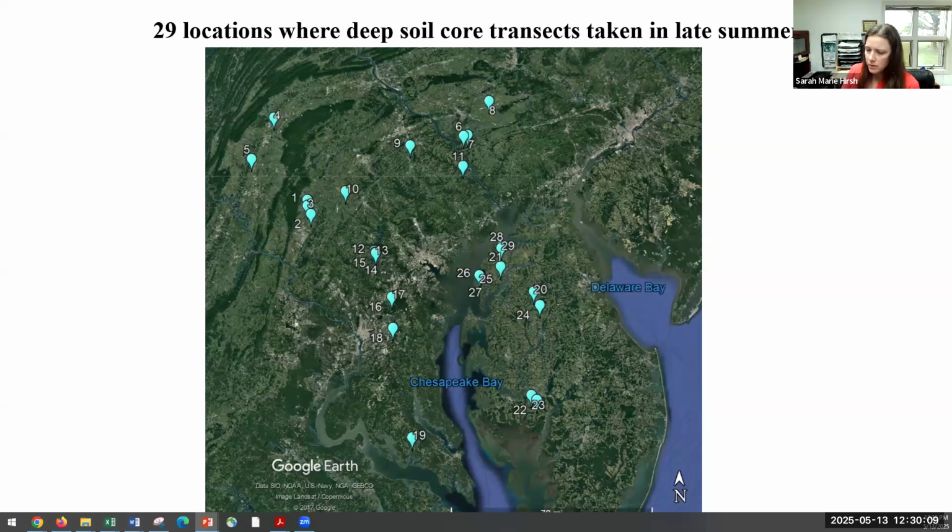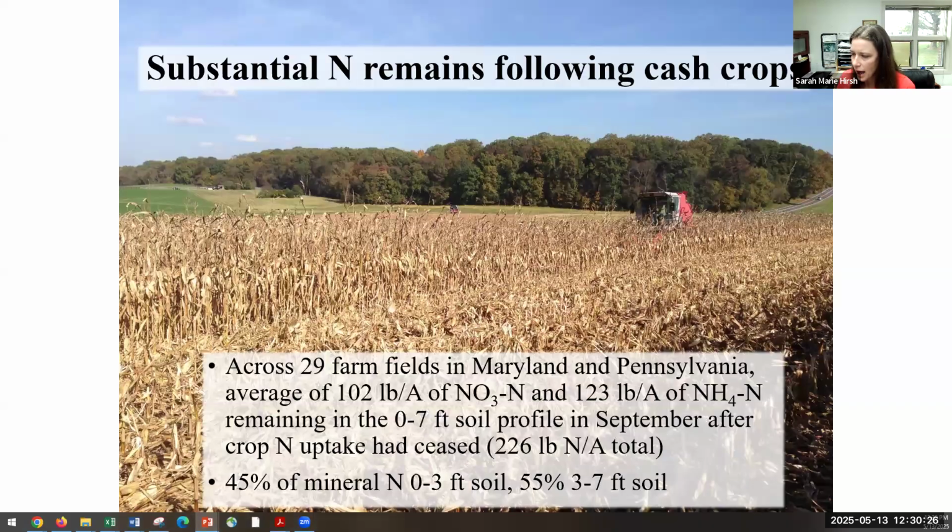So I wanted to talk a bit here about some work that we did about 7 or 8 years ago, where we went around the region to see how much nitrogen actually remained following a corn or soybean crop. These were samples from 29 fields in Maryland and Pennsylvania, and the samples went from the surface down to 7 feet deep.